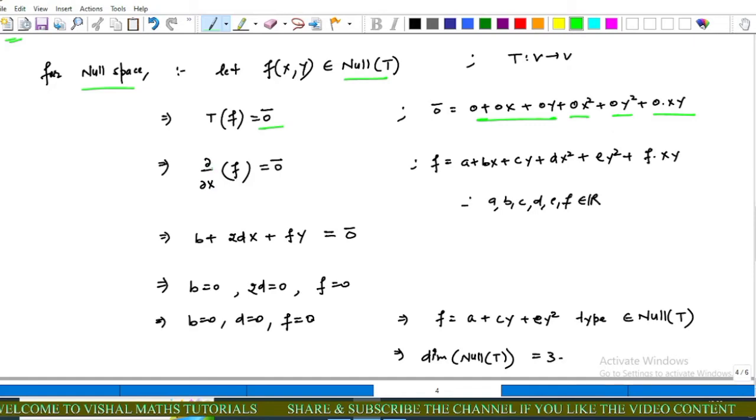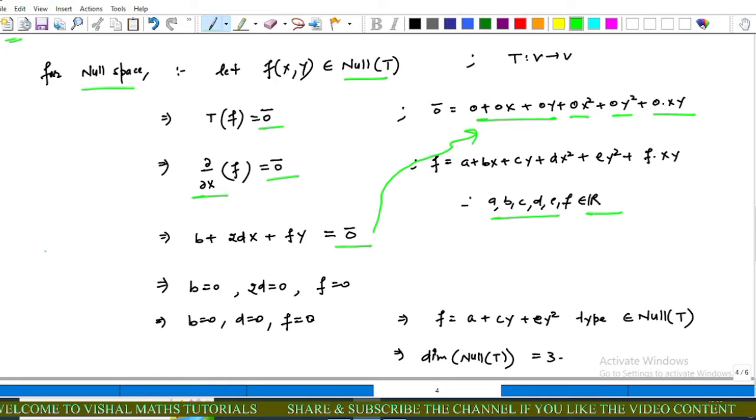This implies that ∂f/∂x = 0 element. We know that in general f = a + bx + cy + dx² + ey² + fxy, where these coefficients belong to R. This means, using the partial derivative with respect to x, we get b + 2dx + fy = 0 element, and we know that the 0 element is in this form.